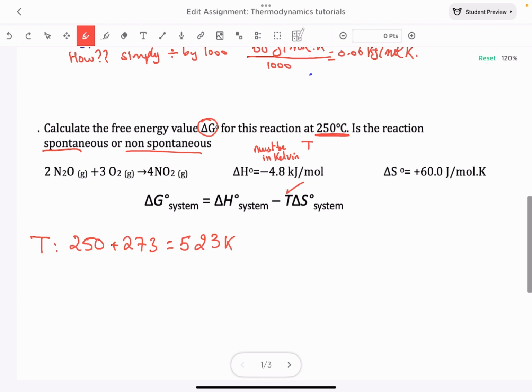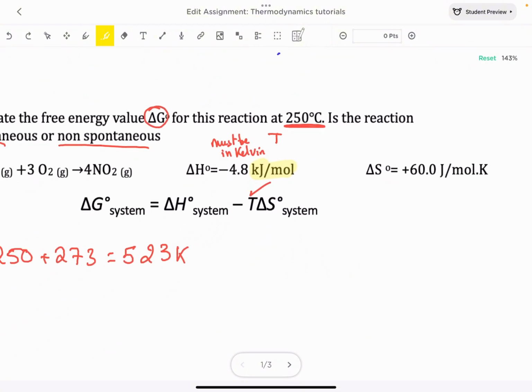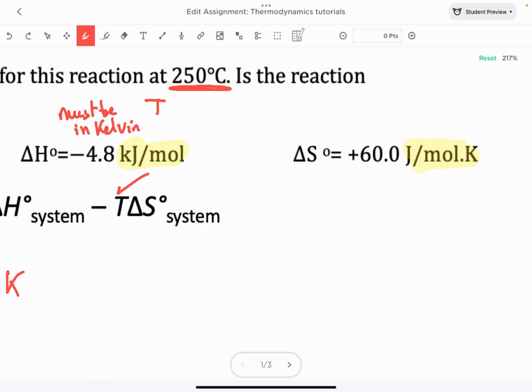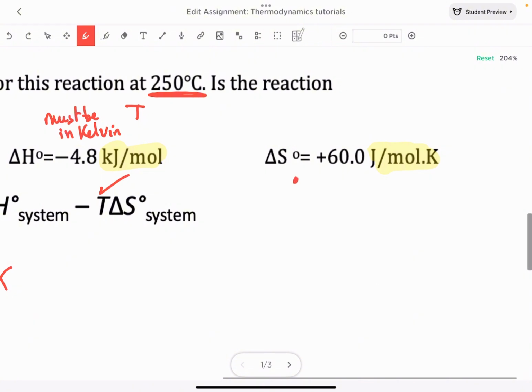Now let's look at delta H. The given unit of delta H is correct, so I'm going to use it, no changes to delta H. However, when I look at the entropy, it is given to me in joule per mole Kelvin. It means I must divide it by 1000.